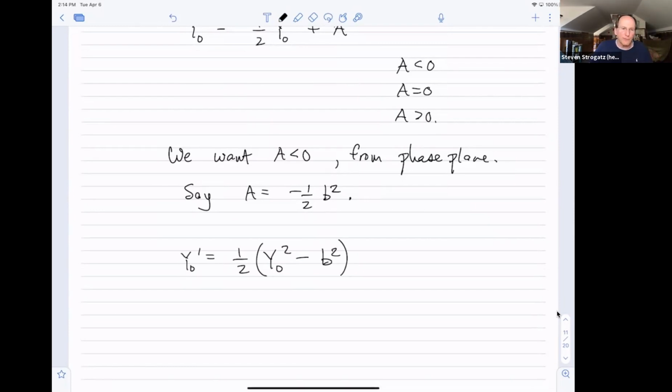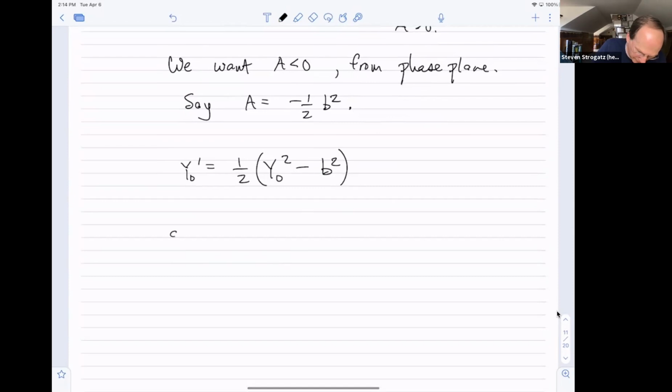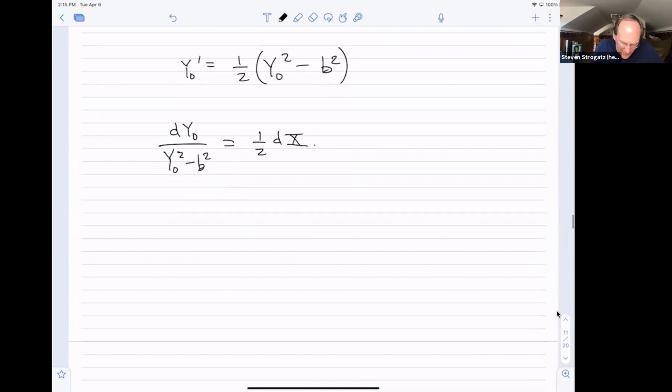And I can separate those variables and integrate. So dy0 over y0 squared minus b squared is 1/2 dX. And both sides can be integrated. It ends up giving you a tanh, is the nice way to look at it.